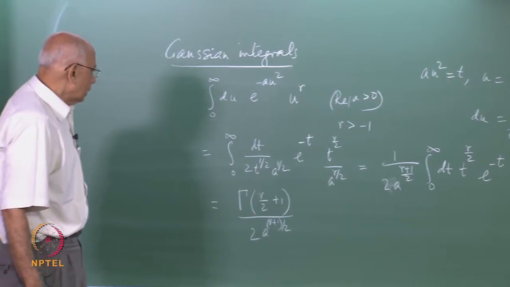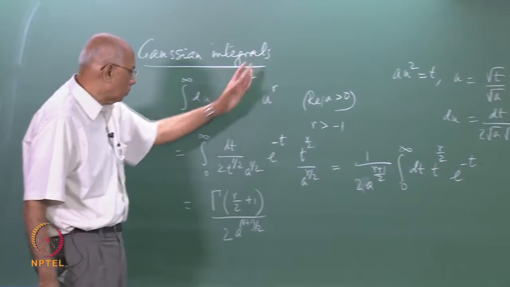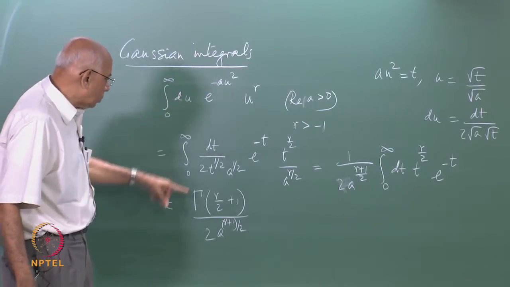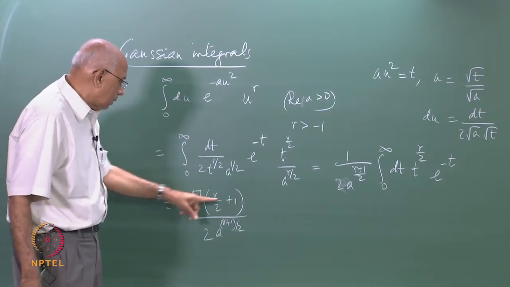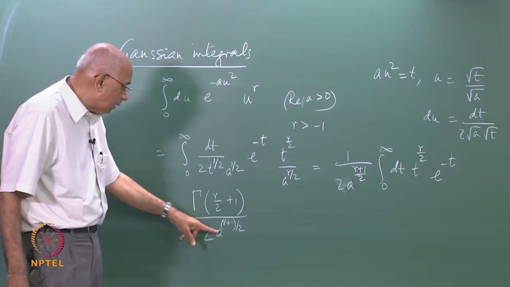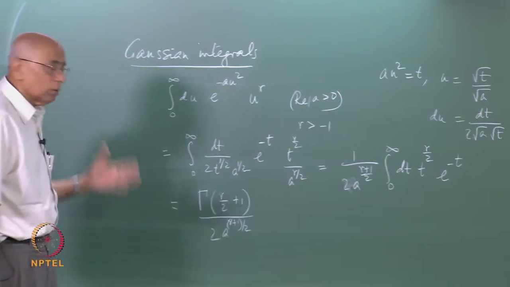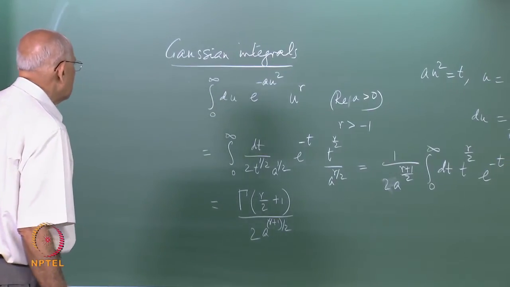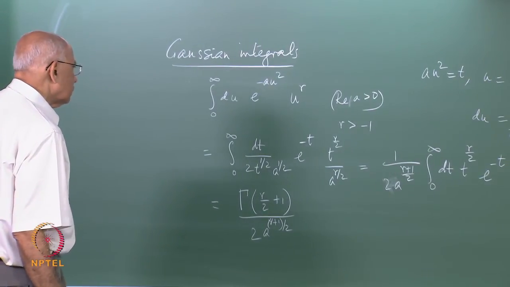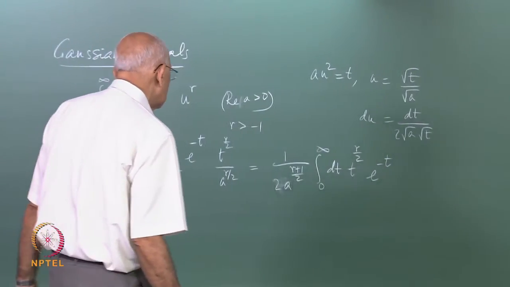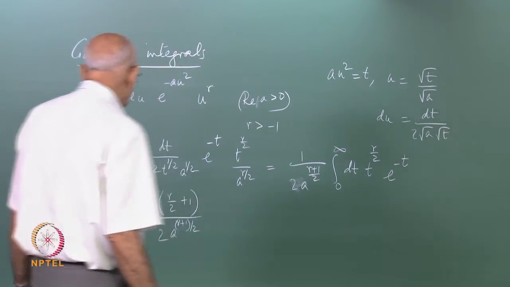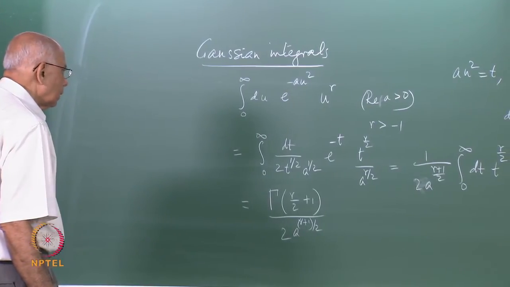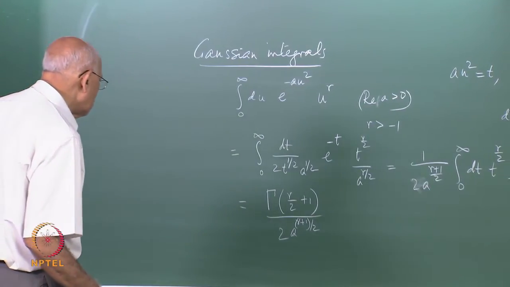In particular, if you set r equal to 0, this thing goes away, and then you have e to the minus au squared, which is gamma of 1 divided by 2, and then there is a to the power half out here. There should be some, is it gamma of r plus 1 by 2?